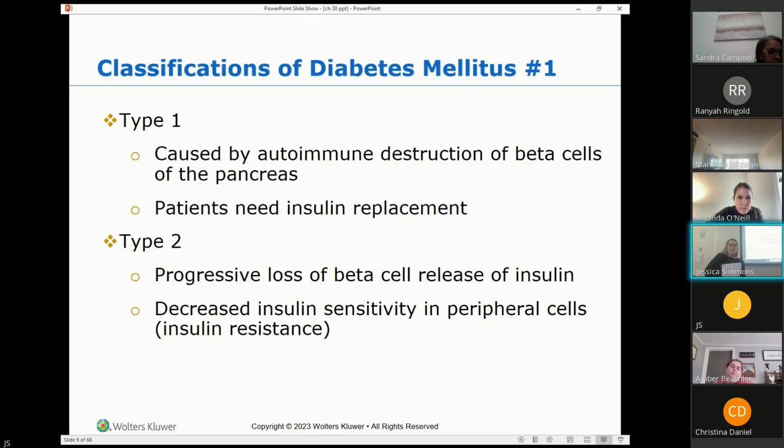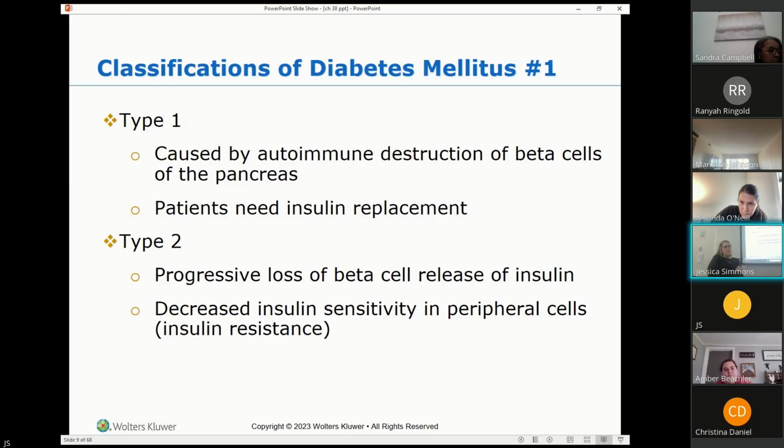So classifications of diabetes: you have type 1 diabetes, which is caused by an autoimmune destruction of the beta cells in the pancreas, and the patients need insulin replacement. Type 1 diabetics cannot live without insulin. I need you to understand that.